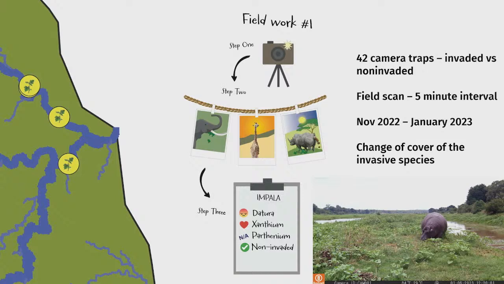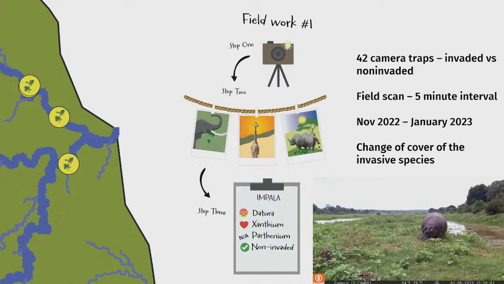I'm going to show you results from the first 2 months of the project, which is from the rainy season of last year. And, as I said, we use this to gather data on how the animals utilize the habitat, meaning not only if they walk through the invaded or uninvaded areas, but how much time they spend there, if they graze there, rest there, and so on.